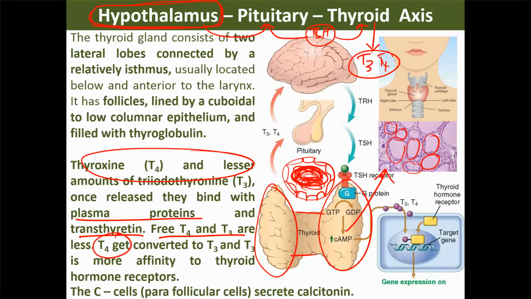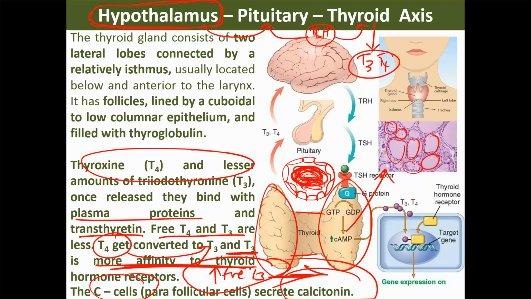T4 is converted into T3 in the periphery, and T3 has more affinity towards thyroid hormone receptors. So increased free T3 stimulates and produces a hyperthyroid effect. In between the follicles and surrounding the follicles, we have C cells that secrete calcitonin, which plays a major role in calcium balance.